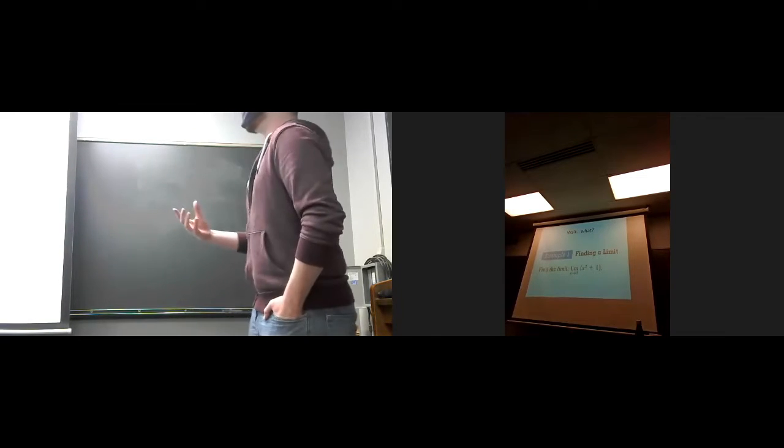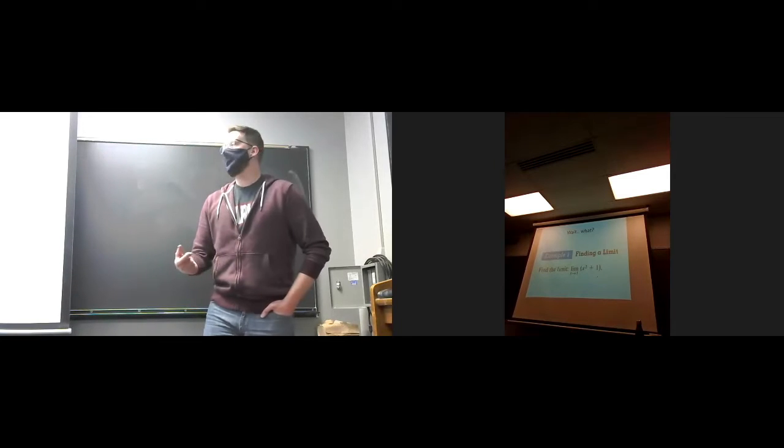So, having said that, one way for us to find a limit is to take a table of values and evaluate our function at a bunch of different x values close to 1. And what I mean is something like this. So in this case, we've got this function x squared plus 1. And we want to know what the limit as x approaches 1 is for this function.